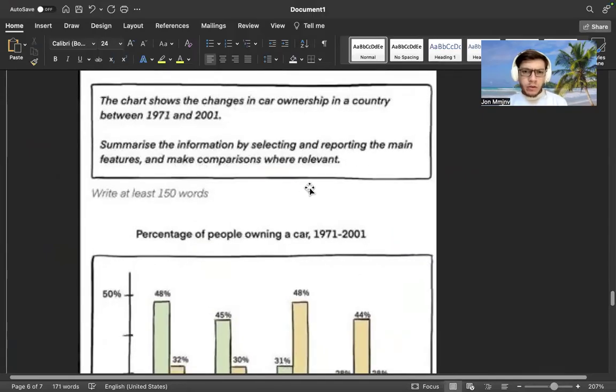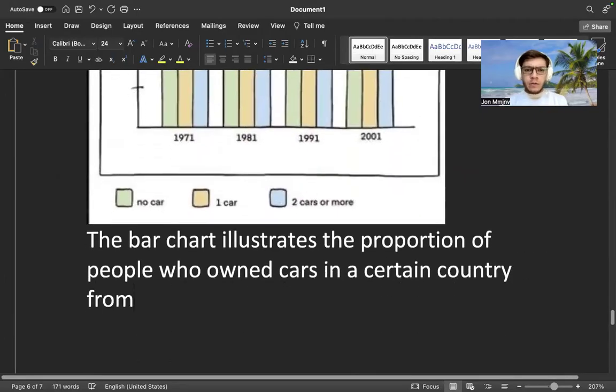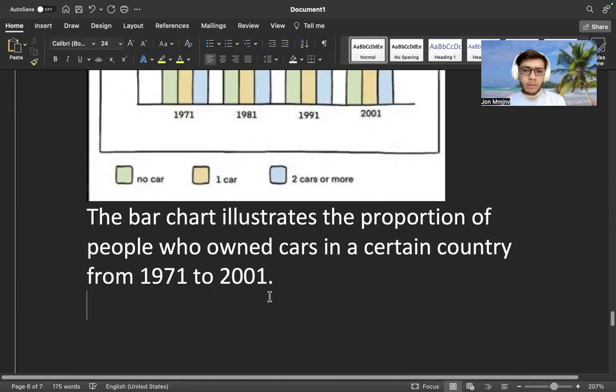In a certain country. Okay, we have between, so let's write from, right? From 1971 to 2001. Now there is another way of writing this. So this is one way. Let me show you another way.